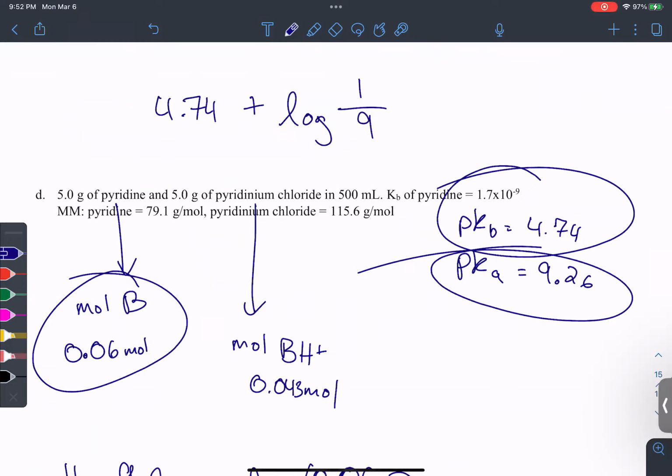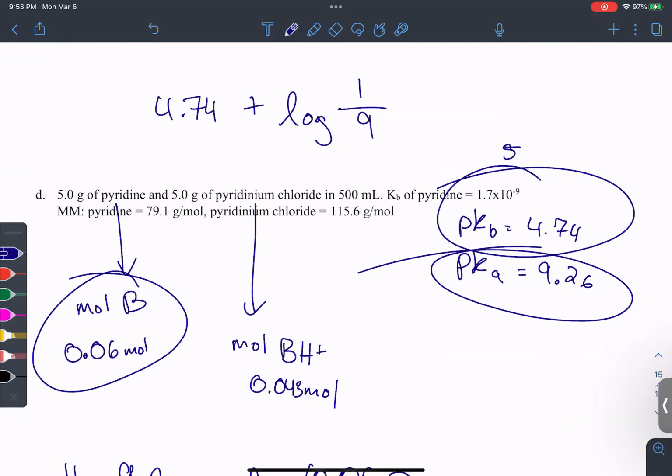So when you take the negative log of 1.7 times 10 to the negative 9, you get 5. No, okay, wait, hold on. Okay, no one's gonna tell me, then I'll just take time and do it myself. 1.7 E negative 9.